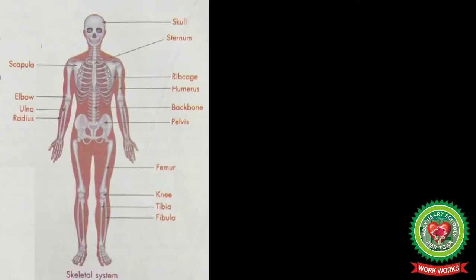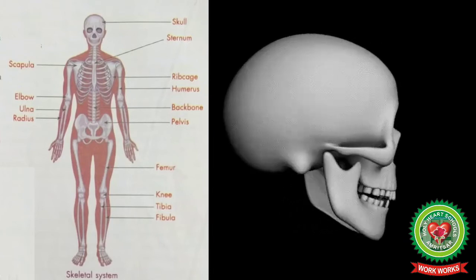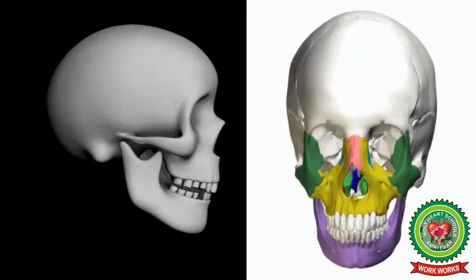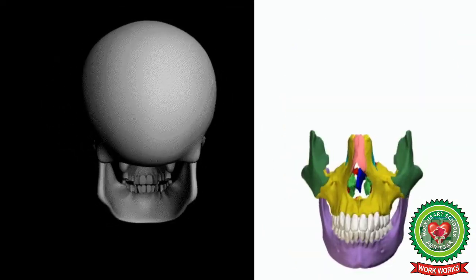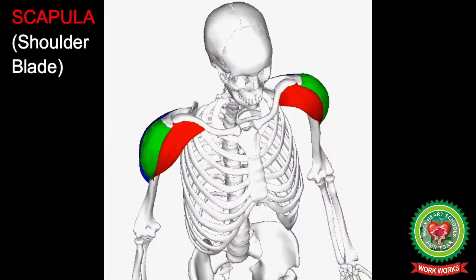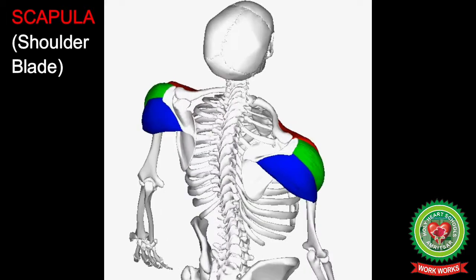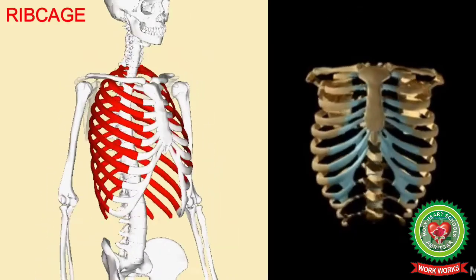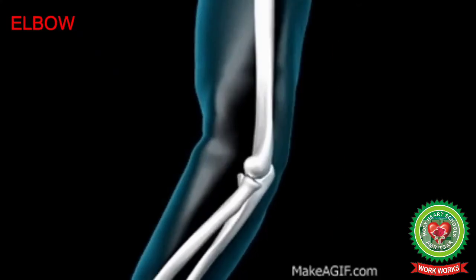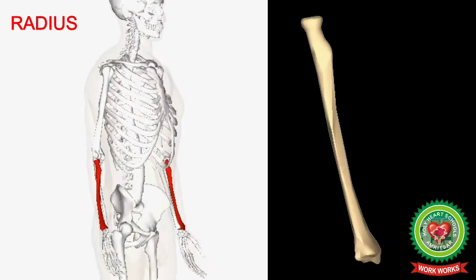Now look at the picture given in your book. It shows the skeletal system, which consists of the skull. It includes the bones of our head, face and the jaws. Then is the sternum, that is the breastbone. Then is the scapula, that is the shoulder blade. Then is the rib cage, humerus, elbow, ulna and radius.